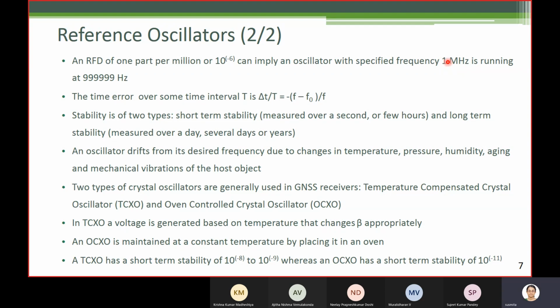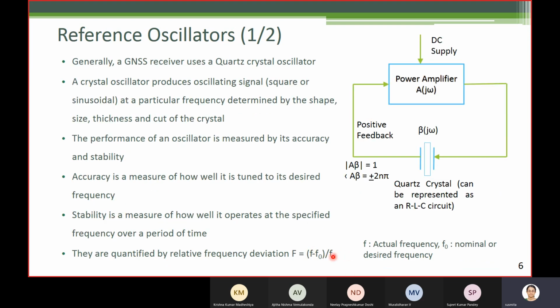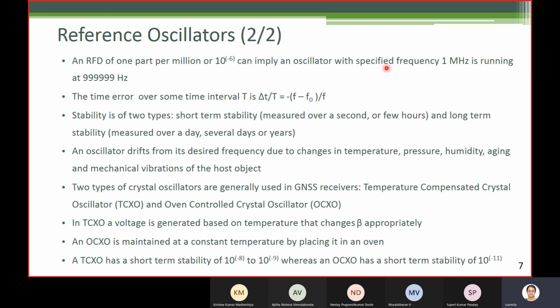So 1 megahertz means 10 to the power 6, and if you subtract 1 from that, you get this frequency. So although its design frequency is 1 megahertz, it is actually operating at this frequency. Then you just do this, and the absolute value that you will get is 10 to the power minus 6. It can also operate at 1 hertz extra frequency. Then also we are interested in the absolute deviation. So we say that the RFD is 10 to the power minus 6.